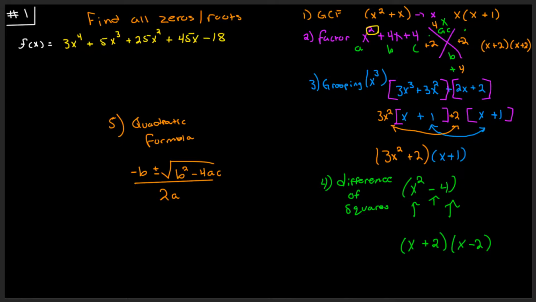And you get this from the standard form of your polynomial, and it only occurs like this: ax squared plus bx plus c. So if you have a polynomial like this, you can use the quadratic formula to find out your factor. But it's really just a last resort and is not really recommended unless you have to.